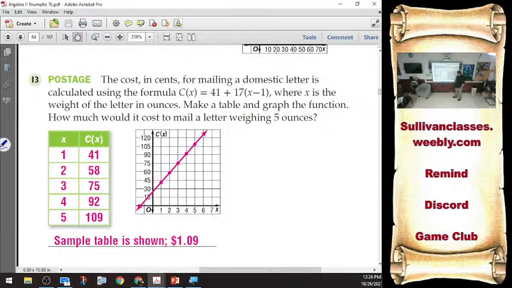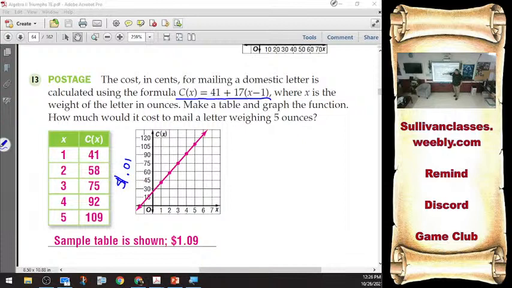If I see this problem and I got a big honking equation here and it's just alphabet and number soup, then maybe I ask for help reading it. The cost in cents. So this is cents, 0.01.